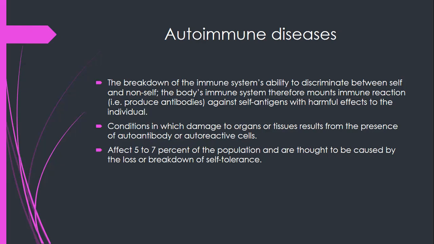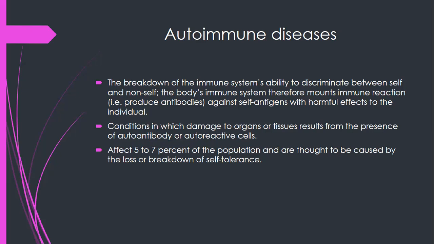So this refers to conditions in which damage to the organs or tissues results from the presence of autoantibodies or autoreactive cells. I have mentioned that your immune system considers your self-antigens as non-self in autoimmune diseases, such that it mounts an immune response by producing antibodies.